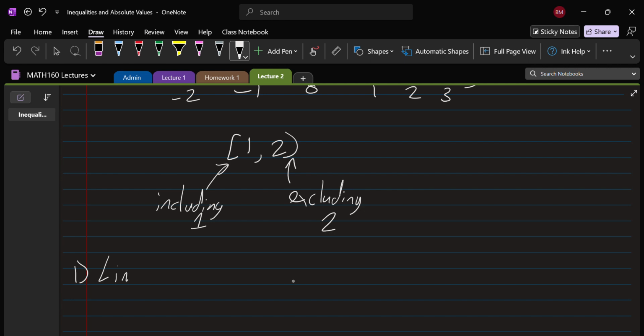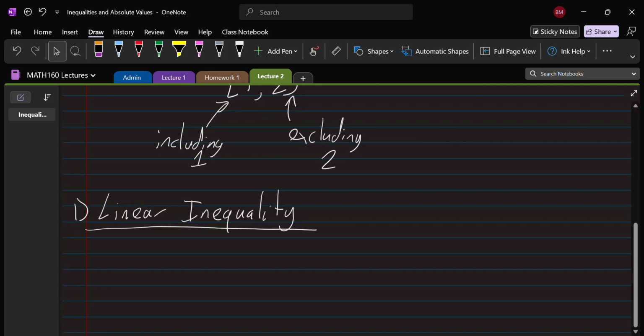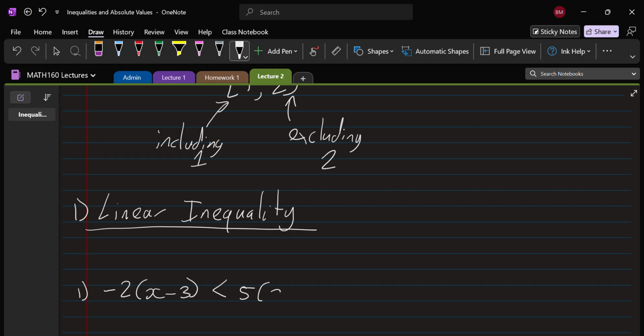First thing, a linear inequality. We'll go through this just by examples. It's really not too difficult. So example number 1, we have minus 2x minus 3 is less than 5x plus 1 minus 12. So linear inequality.